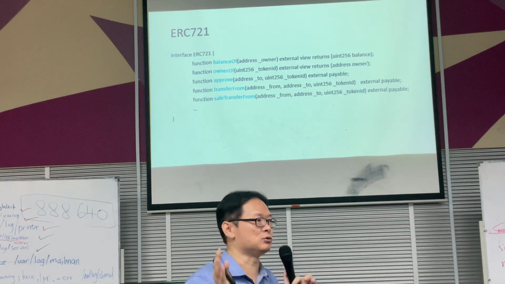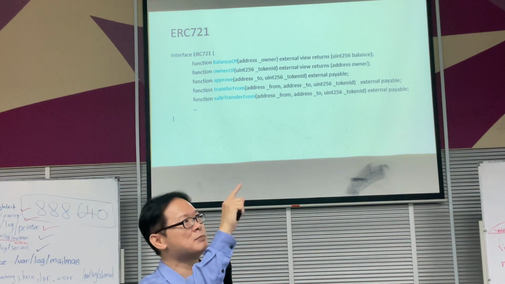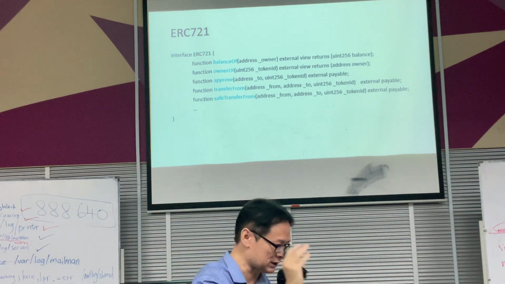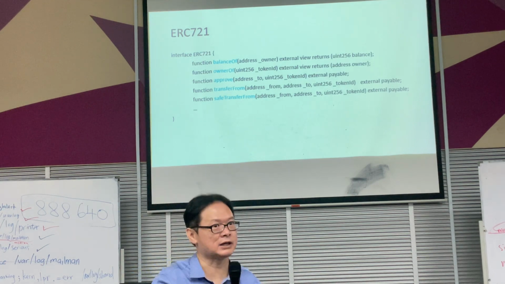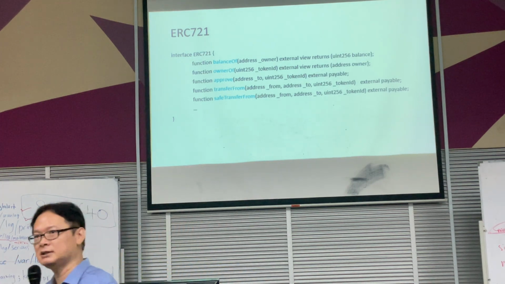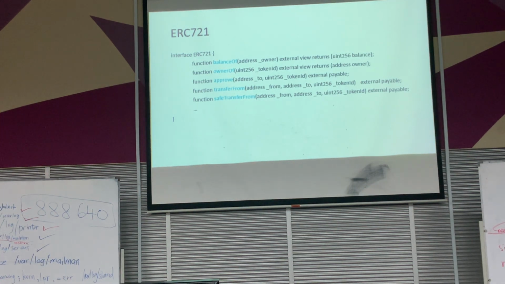If not, I don't know what kind of functions they implement. You just tell me the ERC number, and I know I can do this, I can do that, I can get information like this from you. So it's important. We follow standards to ensure people know what functions can be called for a certain token, and this will ensure the interoperability of tokens.